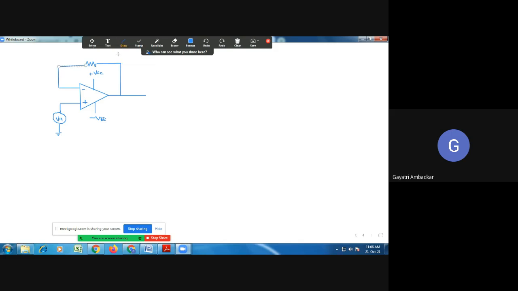Okay. So this is RF connected between output terminal and input terminal.